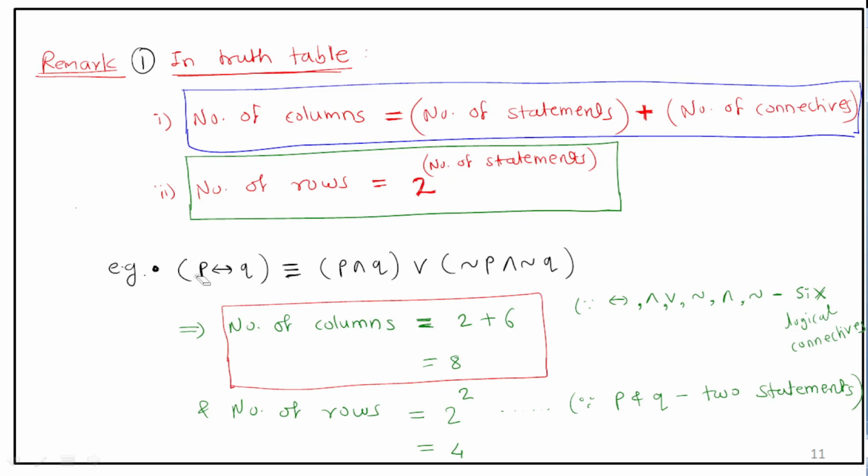For example, in the first example, P if and only if Q, which is equivalent to (P and Q) or (negation P and negation Q), the statements are P and Q, only 2 statements, and the connectives used in this statement pattern are if and only if, and, or, negation and negation.